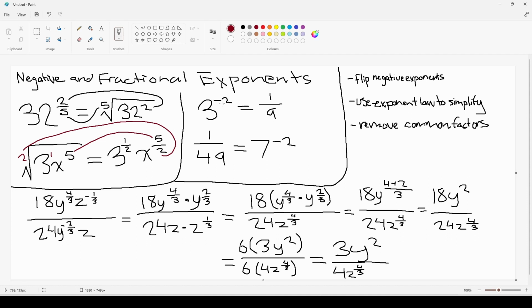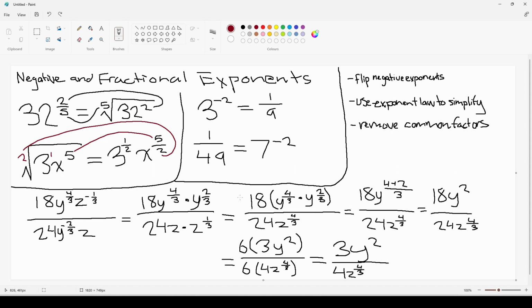For negative exponents, the way I like to think of it is just finding the reciprocal of the positive exponent. So you take 3 to the positive 2, which is 9, and then you find the reciprocal, which is 1 over 9. And of course, you can still think of that the other way around. 1 over 49 is equal to 7 to the negative 2.